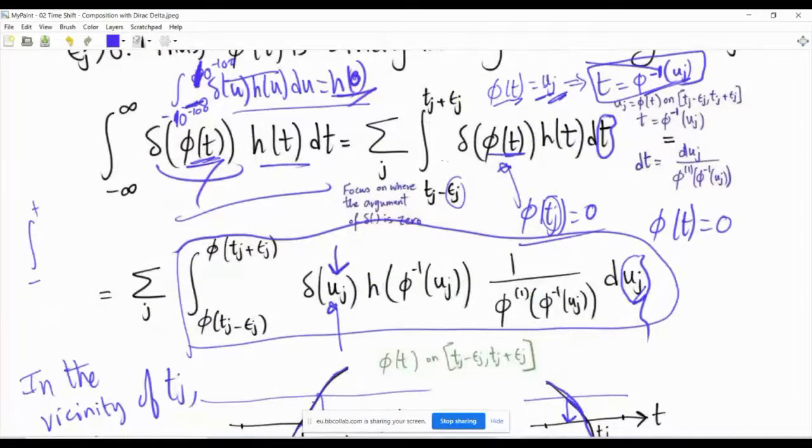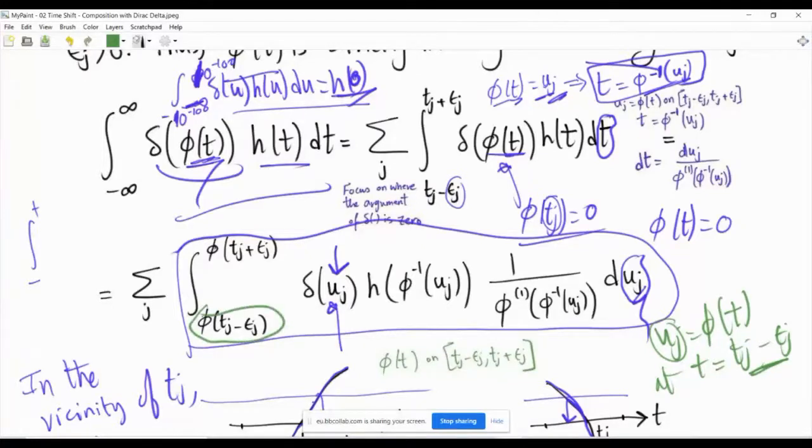Okay, let's proceed carefully. So when you do this substitution, you replace phi of t by uj. What is the value of the lower limit of integration? So again, this is the substitution, uj is equal to phi of t. So at t equals tj minus epsilon j, uj will be phi of tj minus epsilon j.